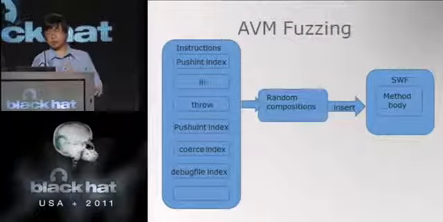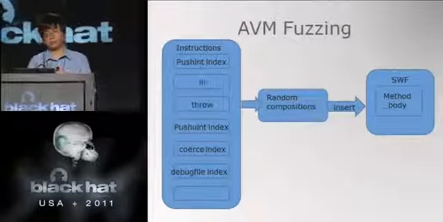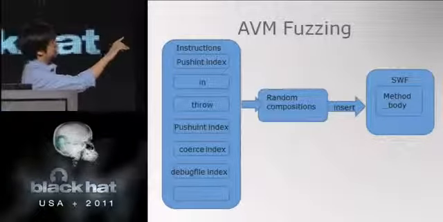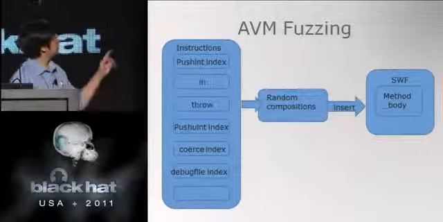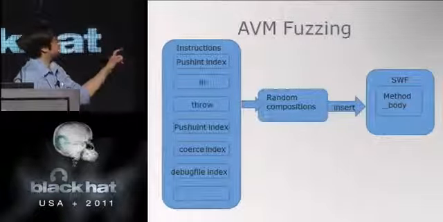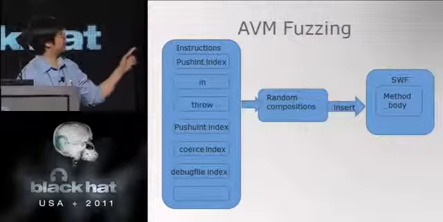Here is the picture. It shows we try each instruction with random compositions. On the right-hand side is the Flash file, and we insert random compositions of AVM instructions into the method body area of the Flash file.